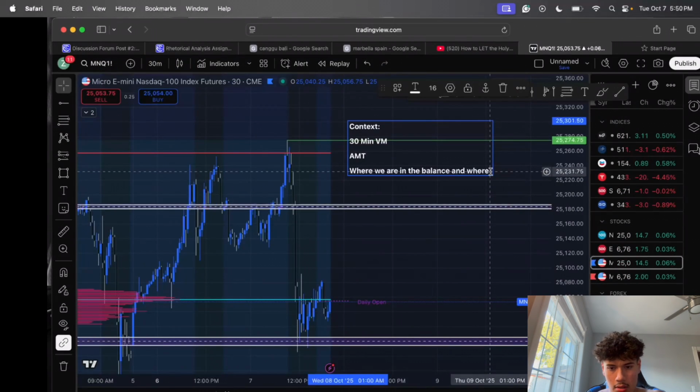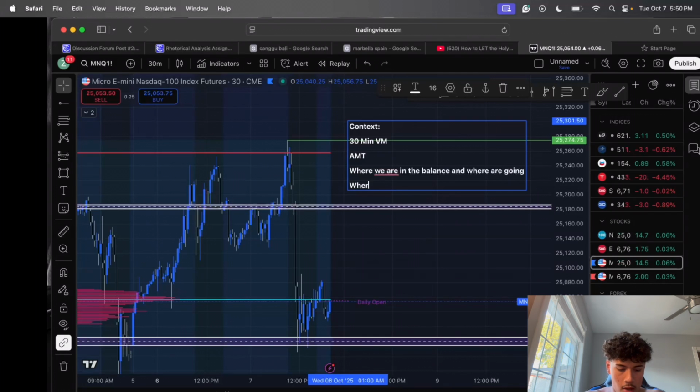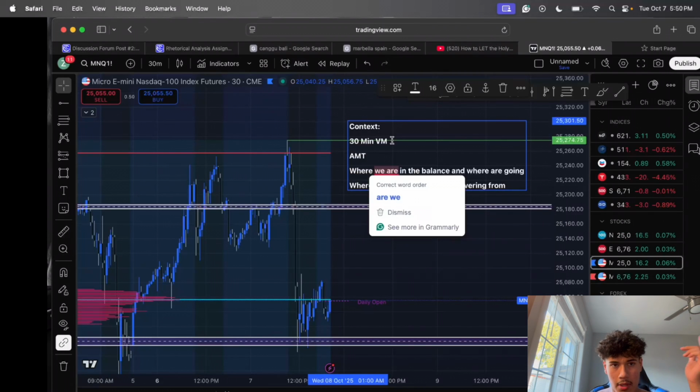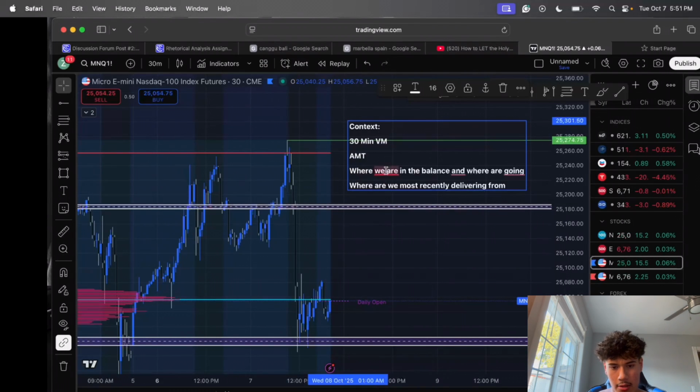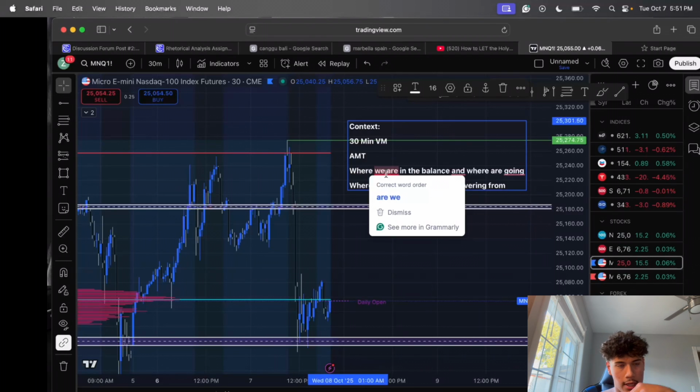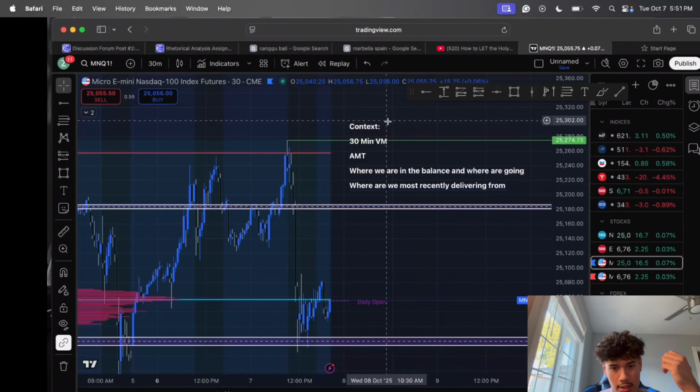Lastly, where are we most recently delivering from? Because high time frame could be bearish, AMT could be showing us bearish, right? But if we're delivering like we just swept a high, then we could switch our bias just because of that.